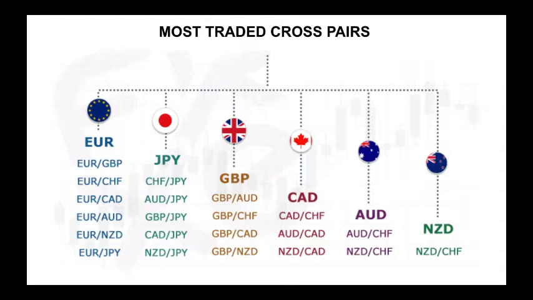So it's a pair between one major currency against another. This is also considered as a cross pair. These are the examples of cross pairs we have: the Euro cross, the Japanese cross, the pound cross, the Canadian cross, the Australian cross, and the New Zealand cross.